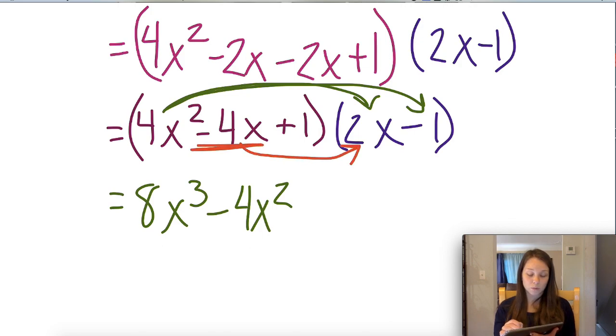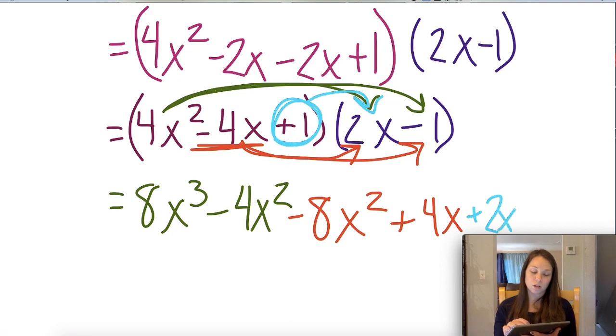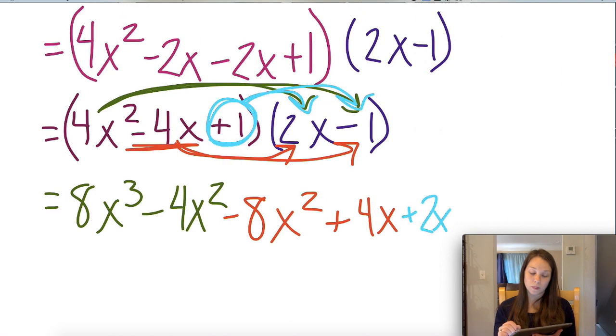Negative 4x times 2x is negative 8x squared. Negative 4x times negative 1 is a positive 4x. And then that last term, plus 1 times 2x is 2x. Plus 1 times negative 1 is minus 1.